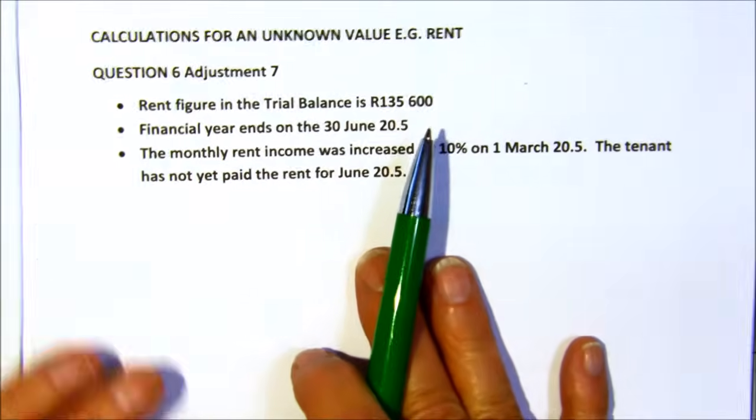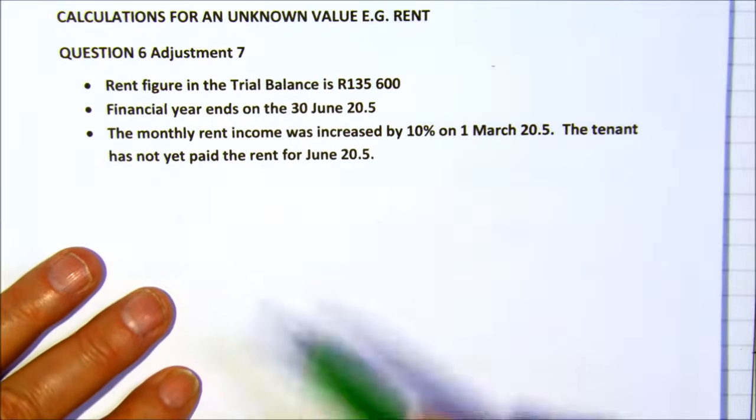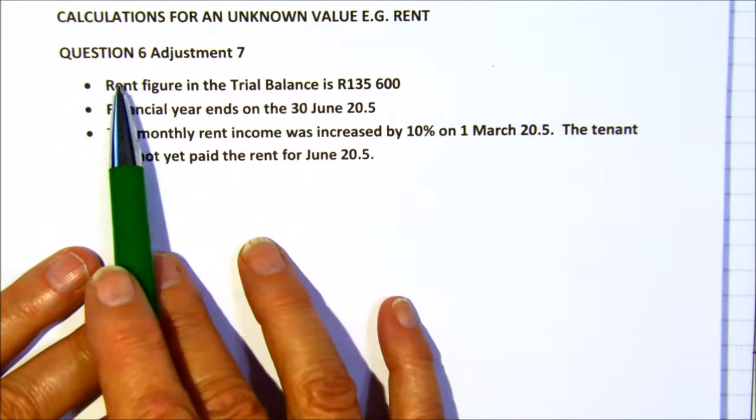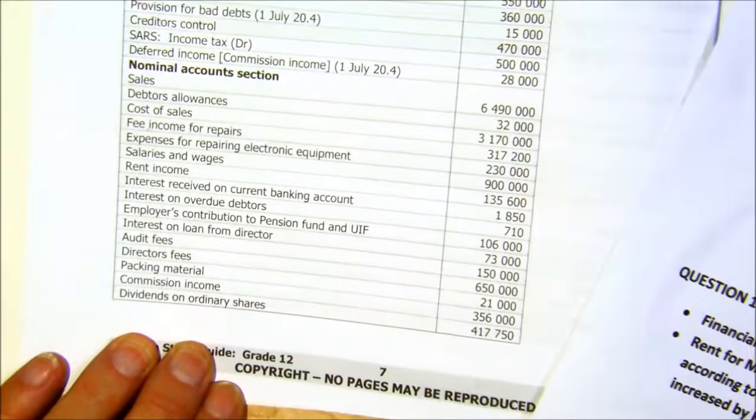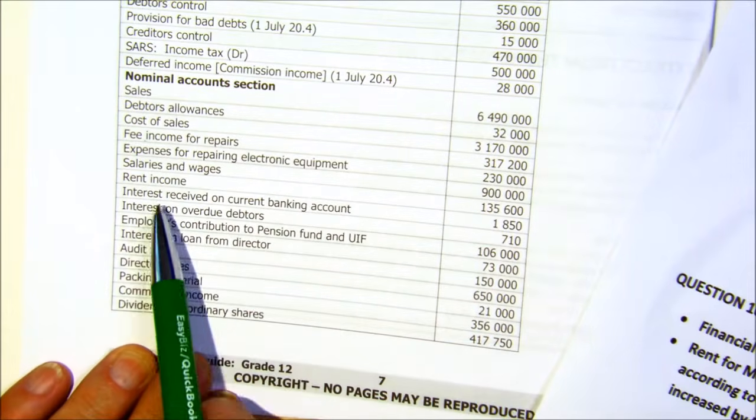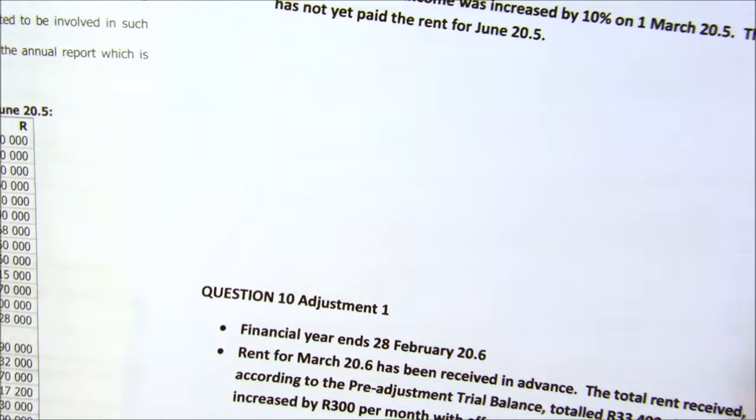I've actually taken this and put it in here now. There's the same information, the rent figure that's in this trial balance. If you look back to your trial balance, your rent income is 135,600. Your financial year ends on the 30th of June.